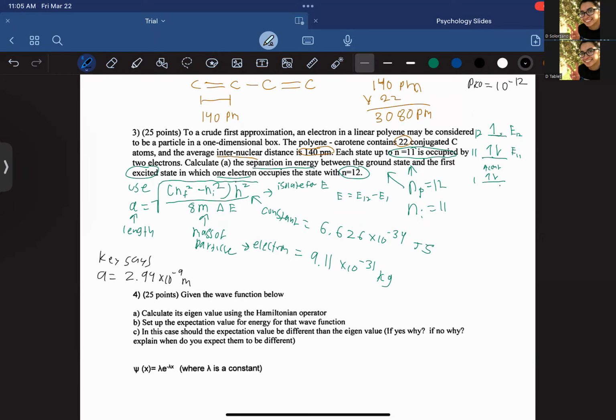Oh, maybe because there's that many carbons in a conjugation, so you're going to need to multiply by 2. And then there's 20 of those.